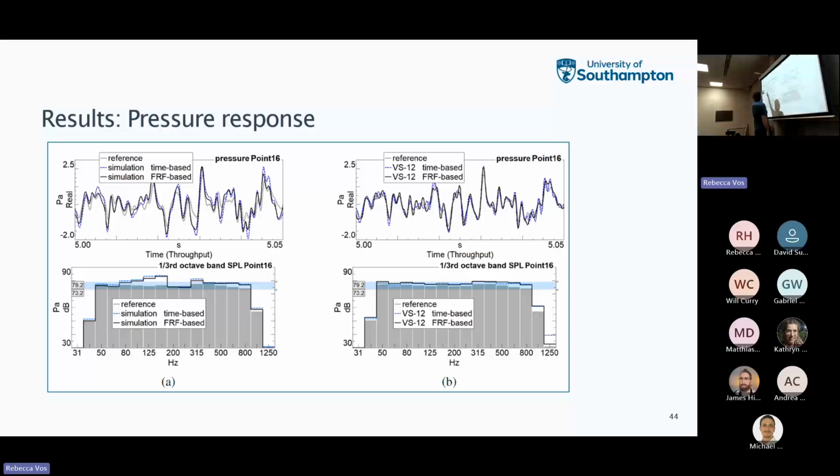The reference and the simulation are compared on the left, purely based on simulating the system without any gamma filtering. On the right, we have the comparison after running this digital twin approach. We also compared the frequency domain.